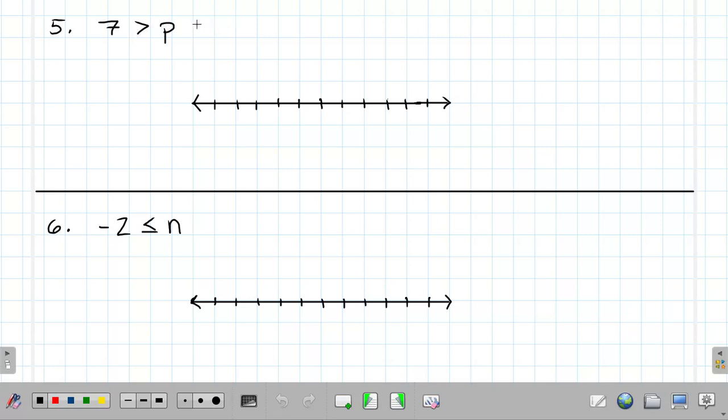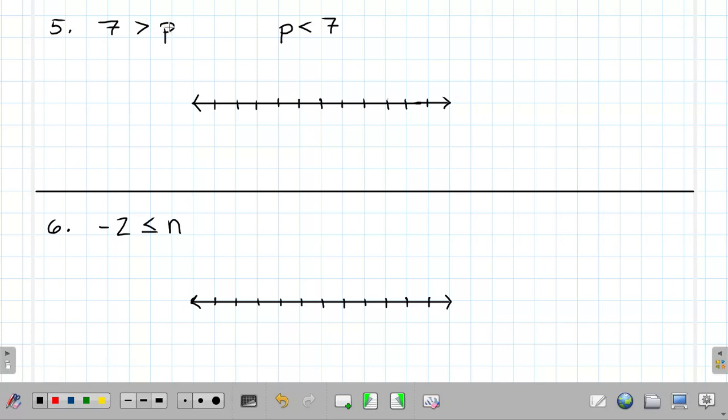Now, there is a thing we can do. If we go over here, we can actually rewrite this as p is less than 7. But you have to be very aware that the reason we can do this is we have 7 is greater than p, meaning the greater than sign opens up to the 7, meaning 7 is always going to be bigger than p.